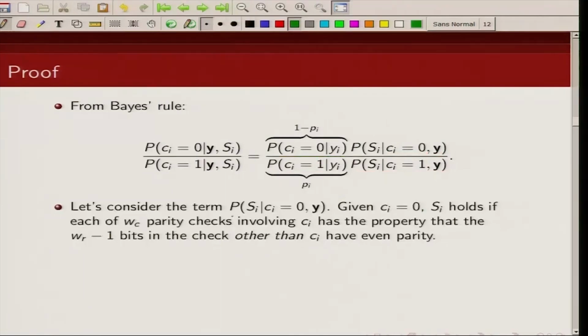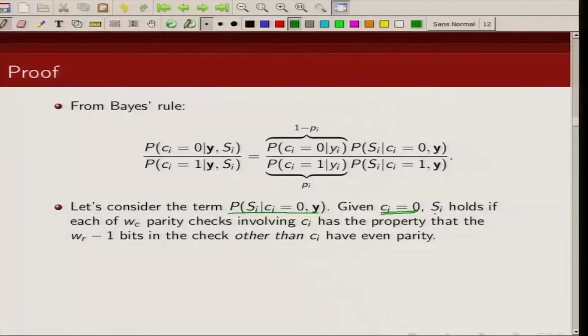So what is this? Given that my code bit Ci is 0, when will parity check constraint involving Ci be satisfied? It is when the sum of other parity bits involved in the parity check constraints add up to have even parity, right?